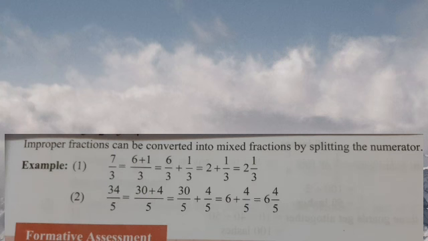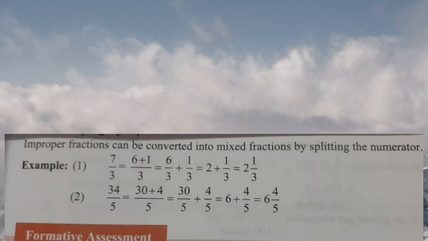Improper fractions can be converted into mixed fractions by splitting the numerator. For example, 7 upon 3. If we split the numerator 7 into 6 plus 1, upon 3, it is equal to 6 upon 3 plus 1 upon 3. 6 upon 3 is equal to 2, because if we divide 6 by 3 we get 2.